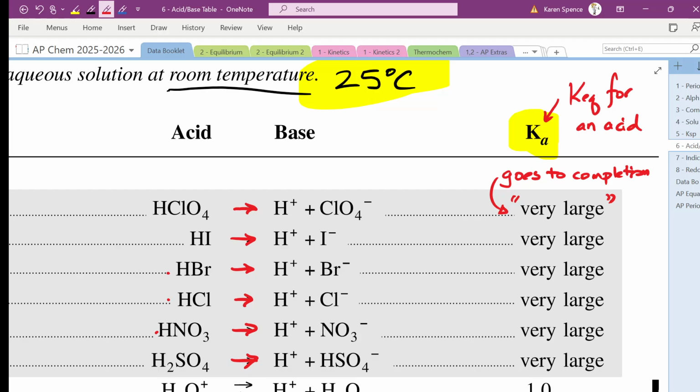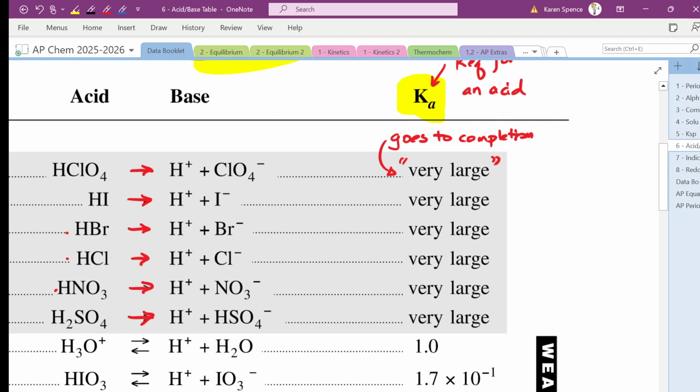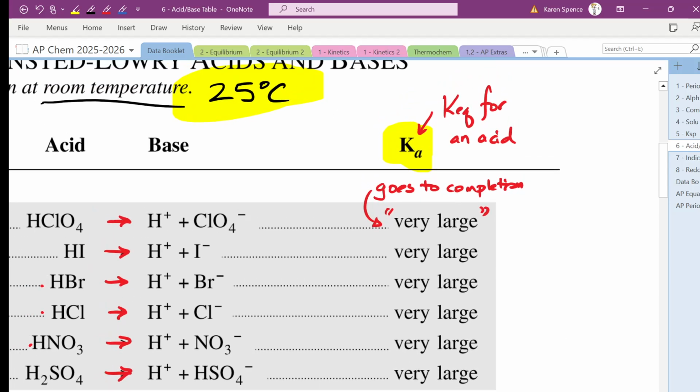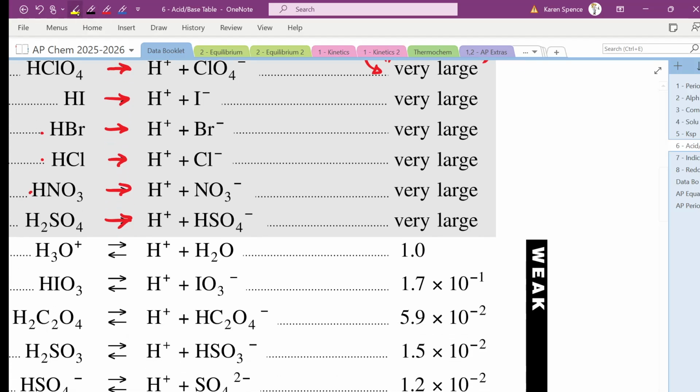Now, after we get past those 7 acids, you'll notice that we now have Kas. We have a Ka of 1 for water, and then everything else has a negative power of 10, and so those are all less than 1.